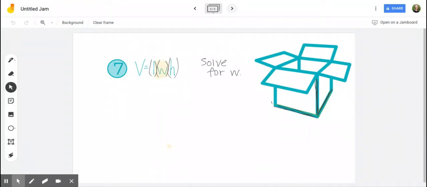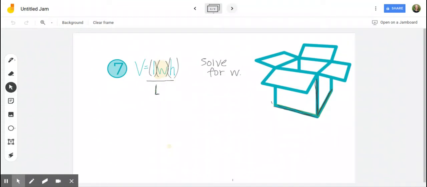So I see that the L and the W are being multiplied. So to get rid of something, we do the inverse operation, the opposite kind of math. So if they're being multiplied, to get rid of that L, I'm going to divide. But if I do something on one side, and if you need to make it a capital L just for right now so it looks like an L instead of a 1, you can do that.